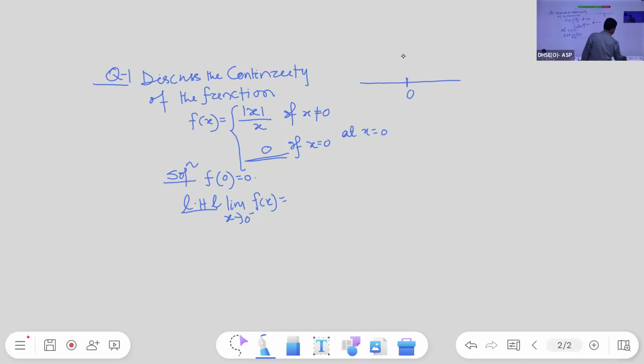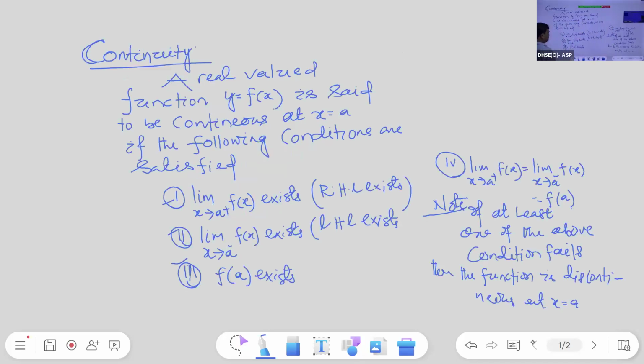Previous page. Okay. Complete. Should I move forward?